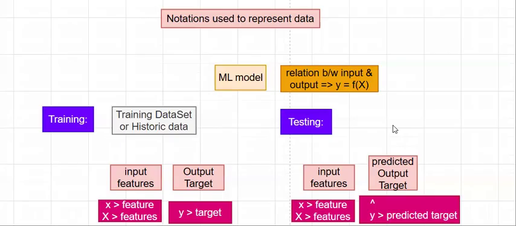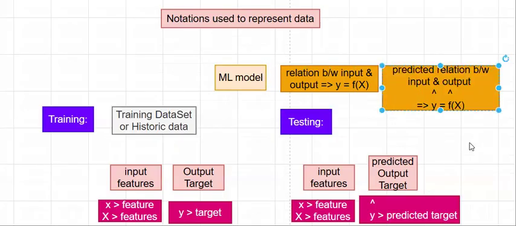So let's say we predicted the relationship between input and output. That predicted function, we represent by using the f cap notation. If the function is a predicted value, then what is the output? Do we get the exact value? No, the output also will be predicted only.